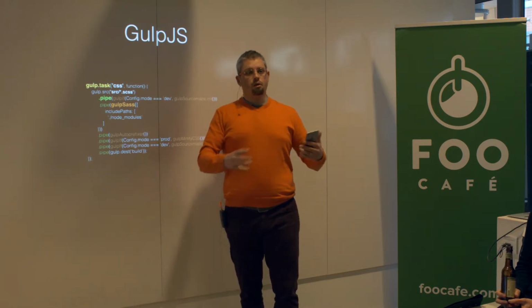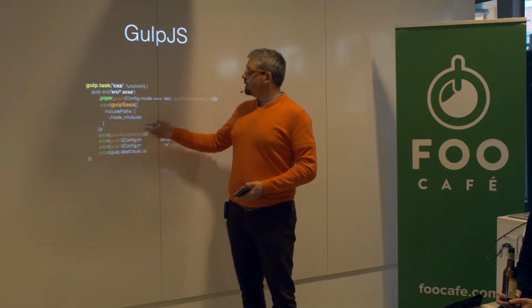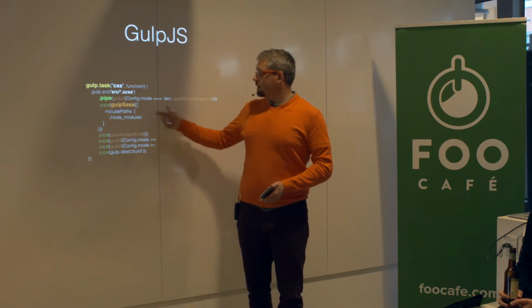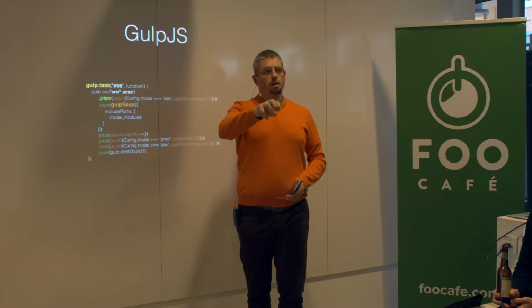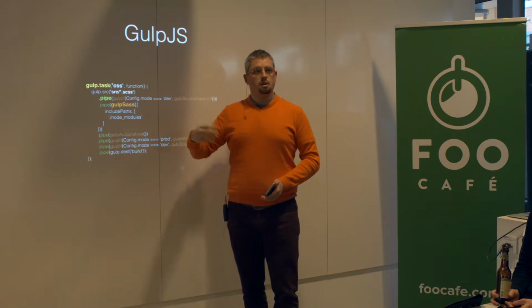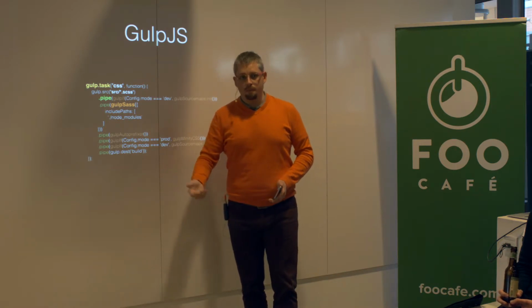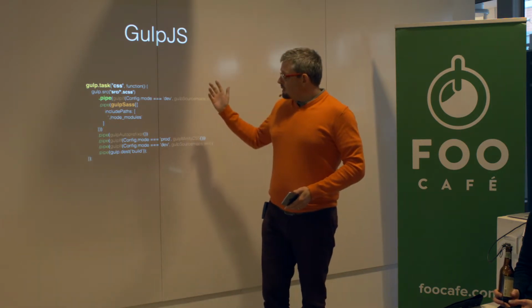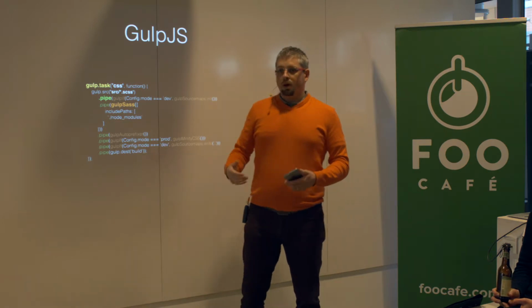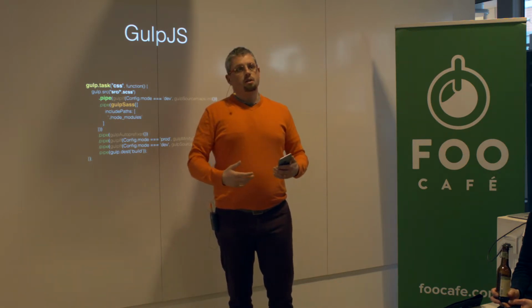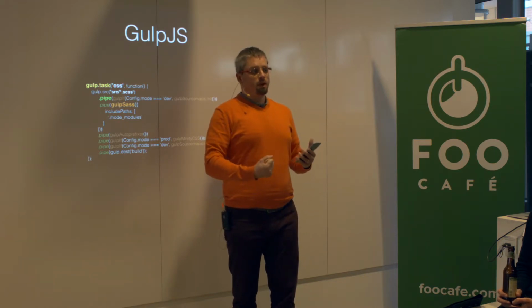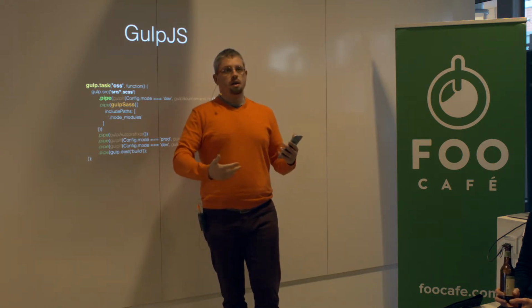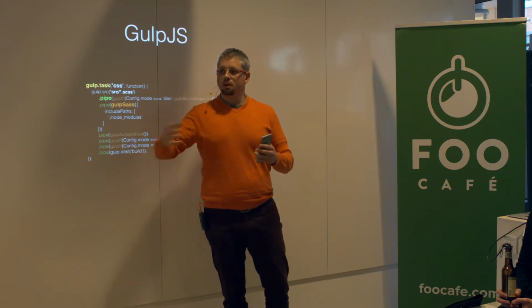Grunt is more configuration-oriented. Gulp is more scripting-oriented with this concept of piping, so taking the output of one filter and giving it as input to another one. To me, Gulp is extremely interesting when you have to work with source files, like taking some HTML entry files and applying variable replacement, placeholders, inclusion, stuff like that.